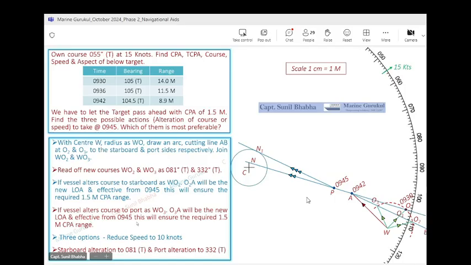Go ahead with your doubts, beta, if any. So, can you please show the previous slide, sir? Previous slide, beta? Yes, sir. Okay, all right. I'll show you, beta. Any doubts in this particular slide, in this question? No, sir. I just need to take a photo of it. Okay. All right. Great.